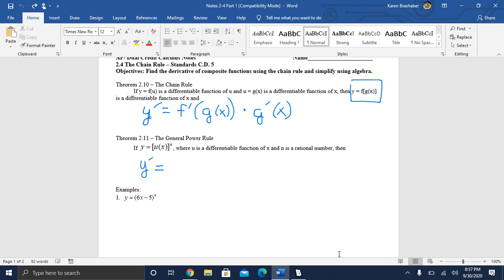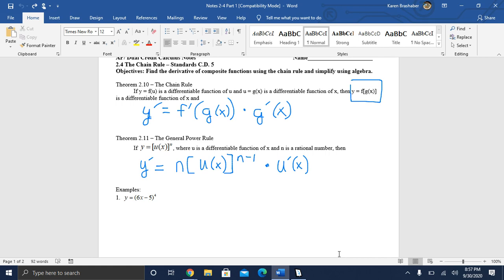If your function is stated as a power, then the derivative would be using the power rule. Y prime, we would bring the power in front, keep the function intact, so not make any changes to the inside. So n times u of x to the n minus 1 power, and then we'll multiply by the derivative of that inner function, so times u prime of x.